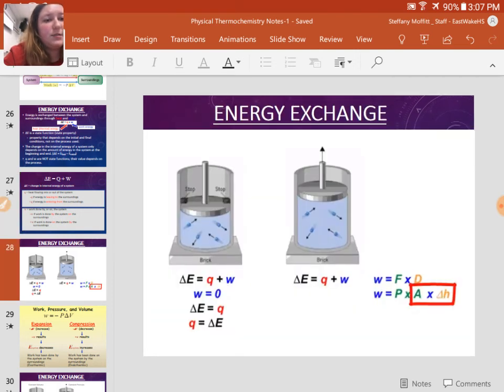There is no force really being applied here, so the change in energy here is just that Q, but when we take out the stops right there, there is a force being applied. Force times distance is work, and the distance has to do with that circular part. So we have to do the distance as the area of that circle times that change in height that's occurring for the work.